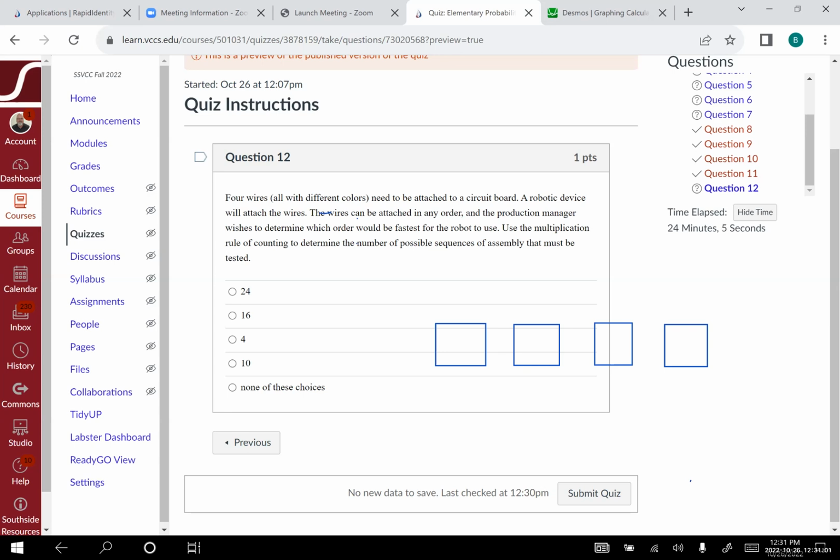It's okay. All right, this one, you're connecting 4 wires to 4 different places on a circuit board. These boxes are those 4 different places. So each wire obviously can only be connected to one. So when you connect to that first connection here, how many wires do you have to choose from?